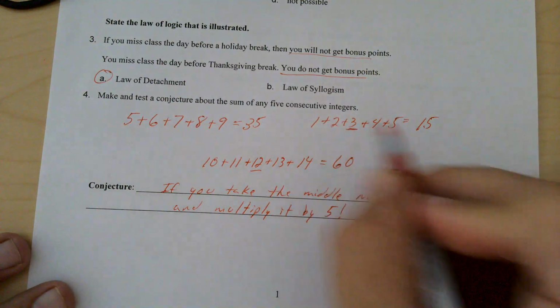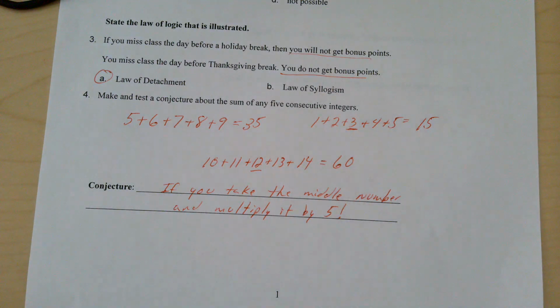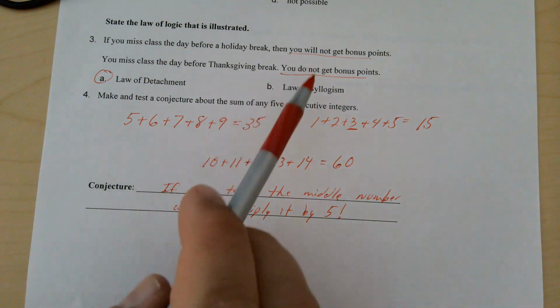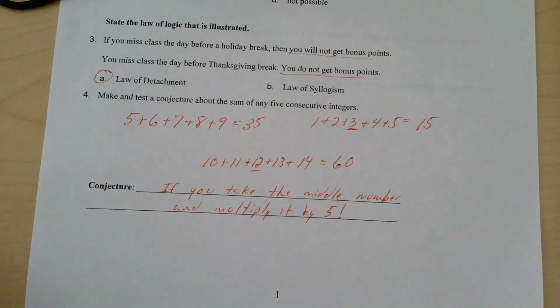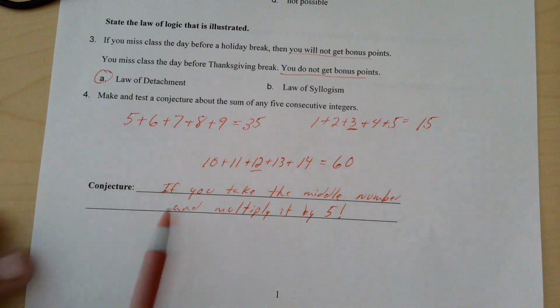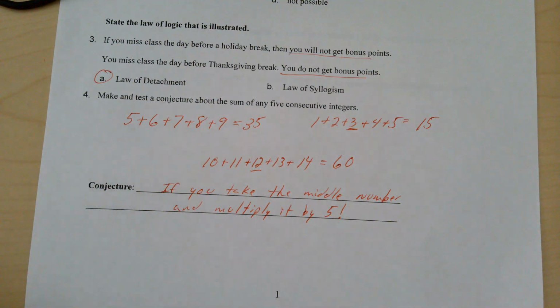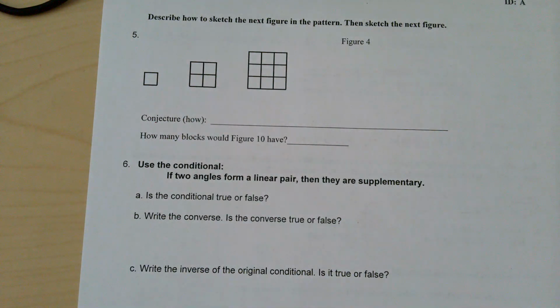Like here, 3 times 5 gives us the sum of 15. That's what I wanted you to remember. Some people, like I said, didn't understand what consecutive means: in a row, increasing by 1. And it even works for negative numbers. You could do an example with negative numbers, and this conjecture follows. So that's the first page. That should not have taken long. Then I tried to give you a simple pattern. Figure 1 is a 1 by 1.